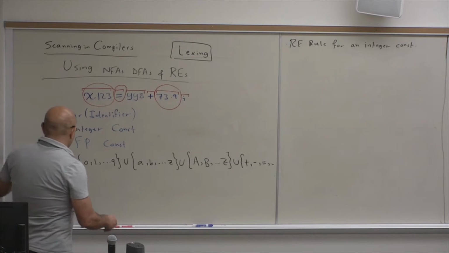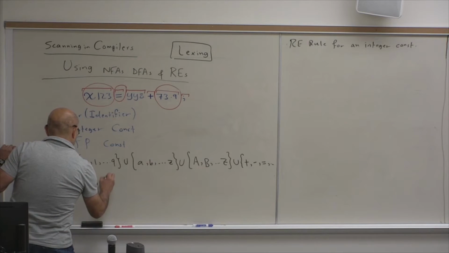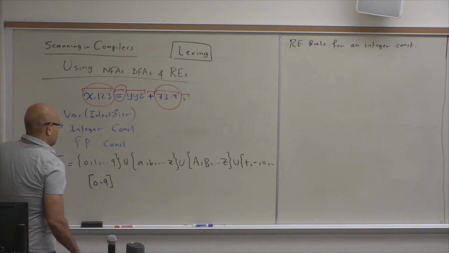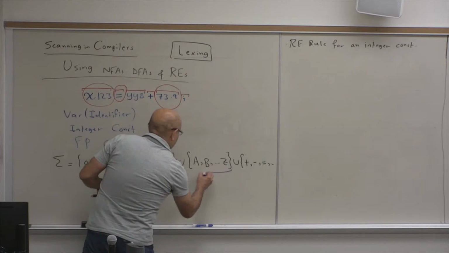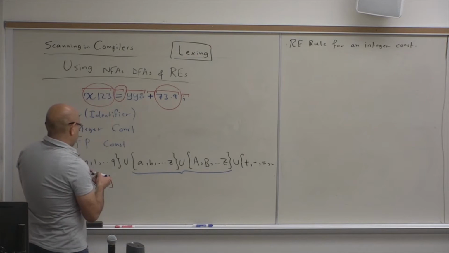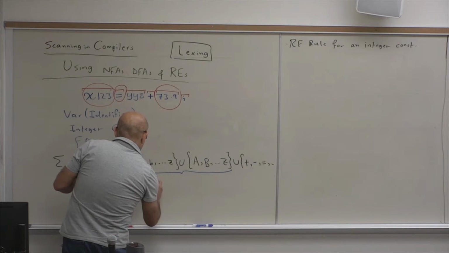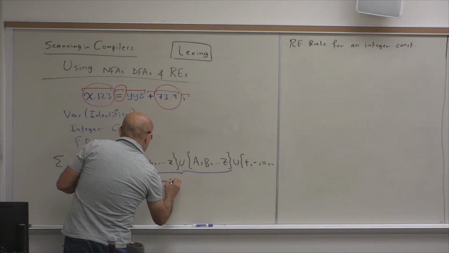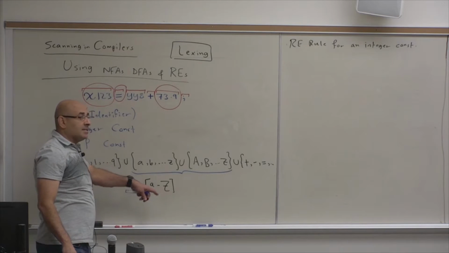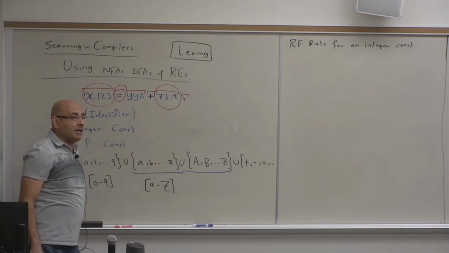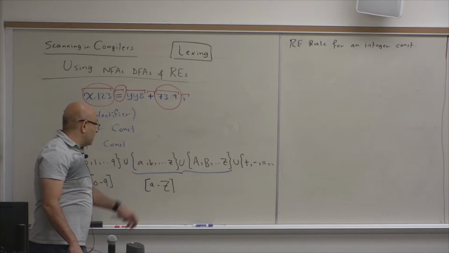And in fact, for 0 to 9, we'll use this, 0-9, and for a to z, we will use this, a-Z. So from lowercase a to uppercase Z means all lowercase and uppercase letters in the English alphabet.